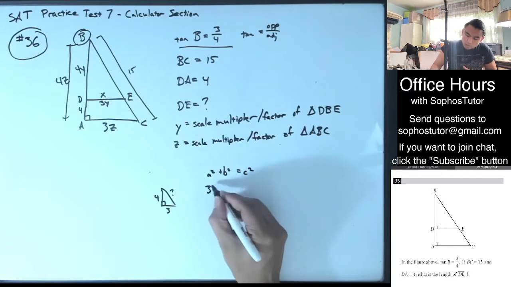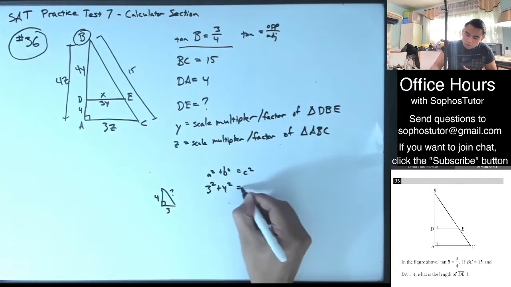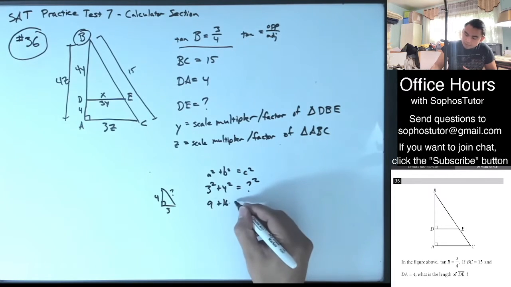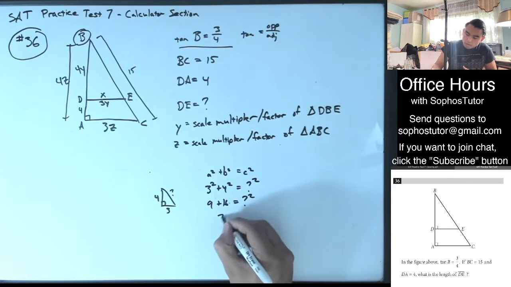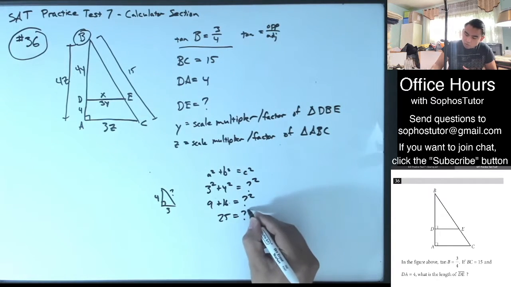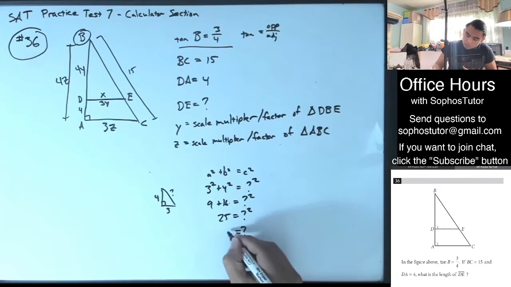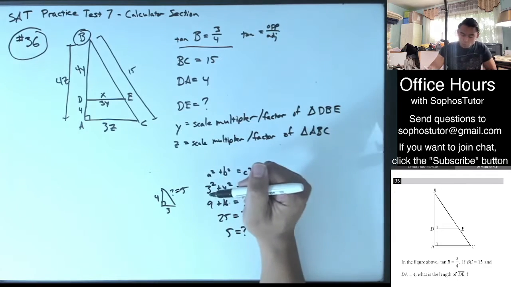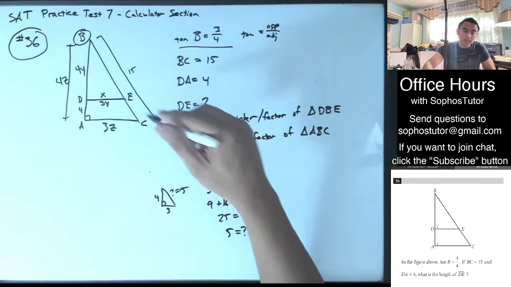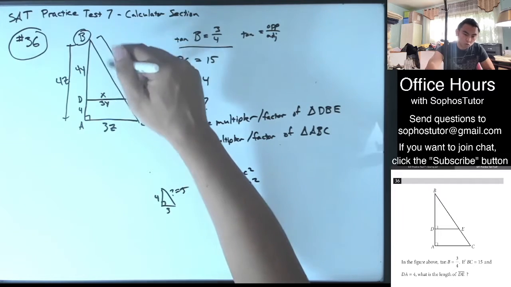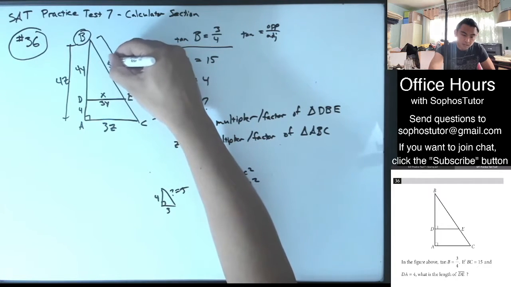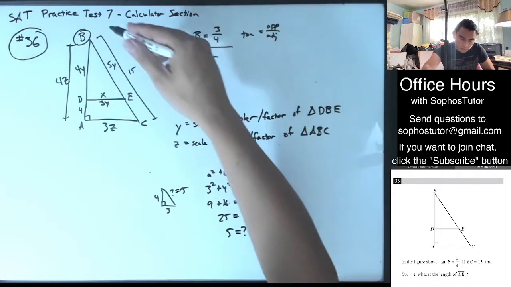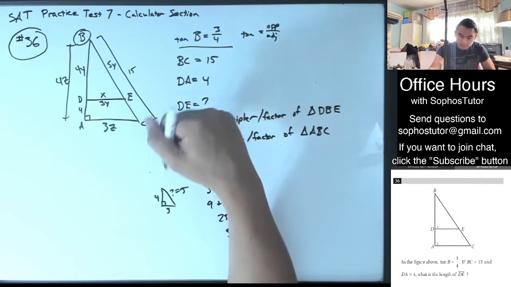So in this case, 3 squared plus 4 squared should equal question mark squared. 9 plus 16 is equal to that question mark squared. 25 is now equal to that question mark squared, which means the question mark is equal to 5. Which means that we can label the hypotenuse of the smaller triangle as 5y, and we can label the hypotenuse of the larger triangle as 5z.